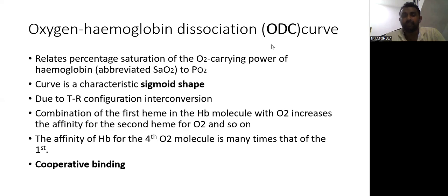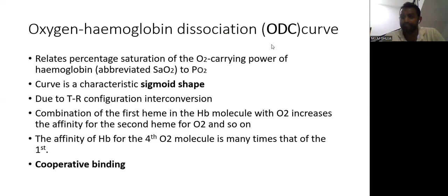Combination of the first heme in the hemoglobin with oxygen increases the affinity of the second heme for oxygen. The combination of the second heme with oxygen increases the affinity of the third heme for oxygen.